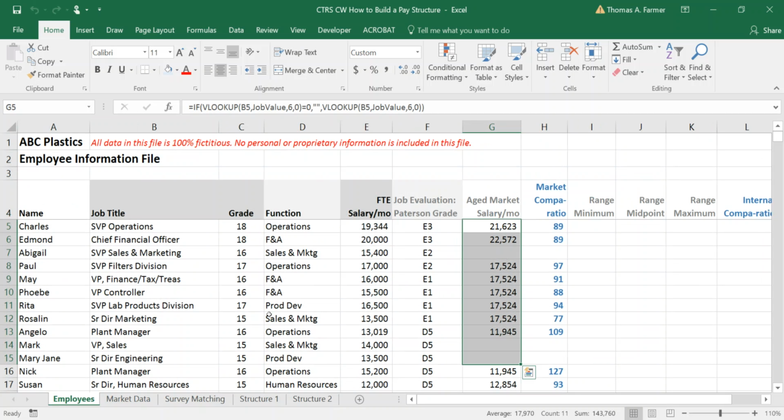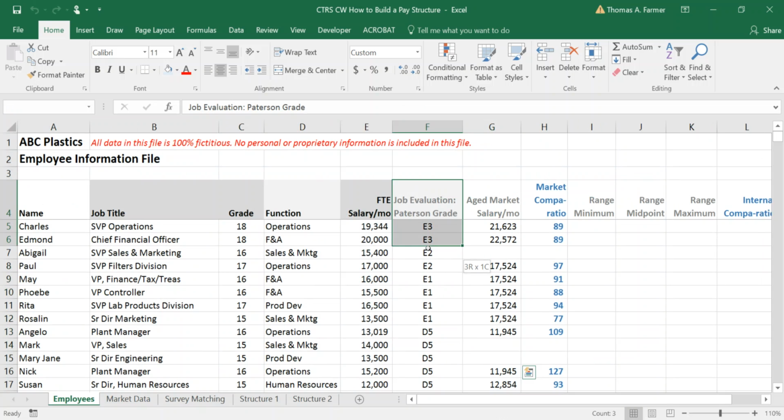Notice that in the employee data, we are evaluating jobs in the company using the Patterson system, which has been around since the 1970s, long before the current version of Mercer IPE. Among the well-known job evaluation systems, only the Hay system is older than Patterson.